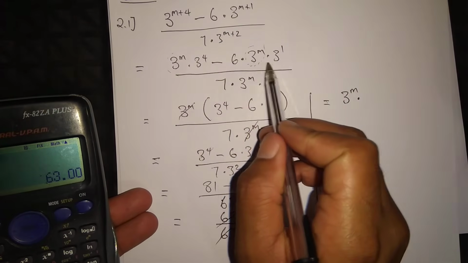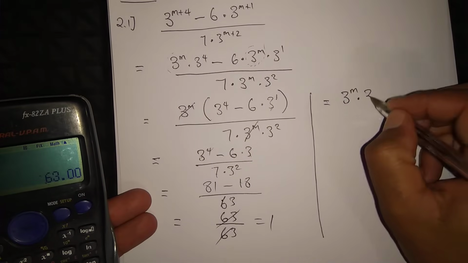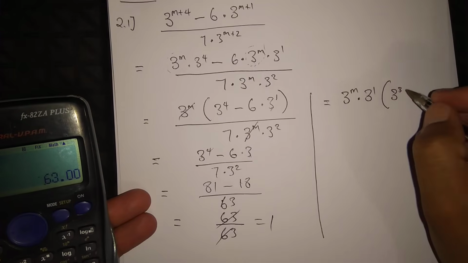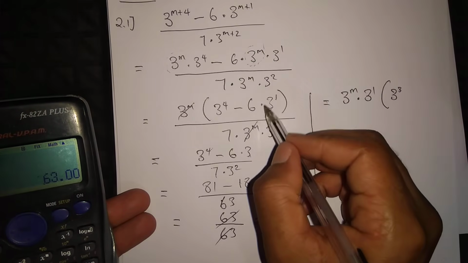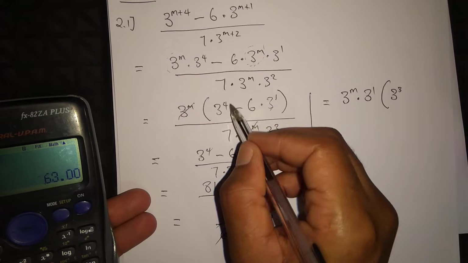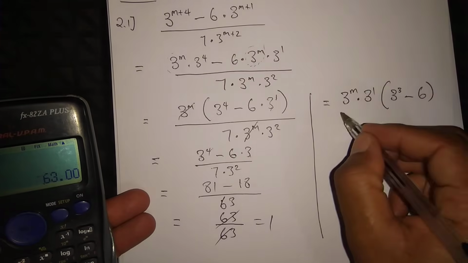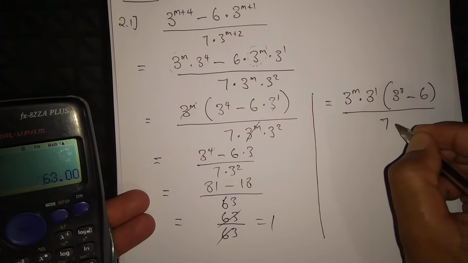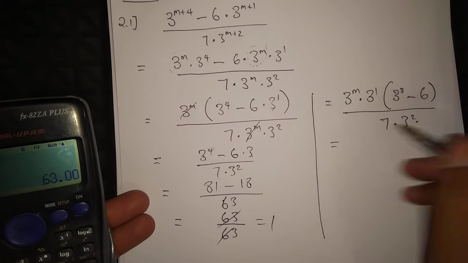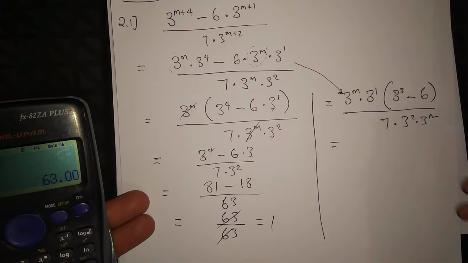Then we are left with 3 exponent 3, because 4 subtract 1 leaves 3, and only the 6 remains, and then 7 times 3 squared, all over the 3 exponent m. Remember, I'm starting from here.